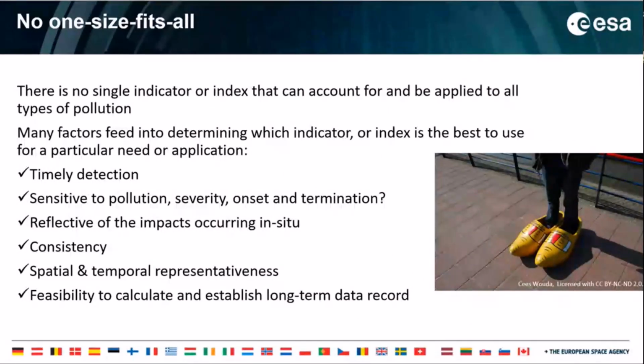When we want to look at an indicator and index, I will give you an example. For instance, I have a turbidity indicator from a satellite, but I would like to have an index that describes the water clarity. So I can use turbidity as an indicator and then convert it to an index.